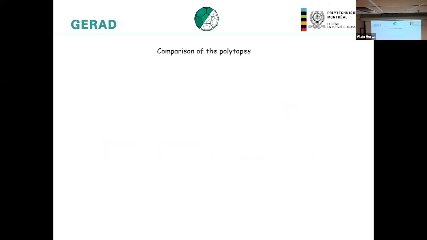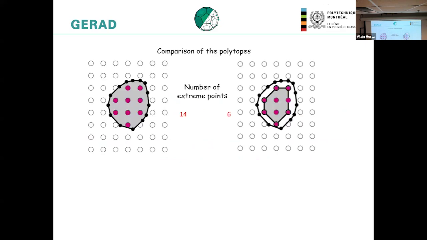So let's make a picture, a comparison of the polytopes. Again, it's a view just to make you understand what we did. This is what we did with Gerhardsen and the co-authors. This example is in 2 dimensions, but we don't work in 2 dimensions. You have only 14 black points around, which are extreme points of the polyhedron.